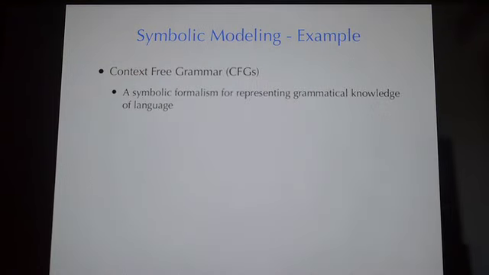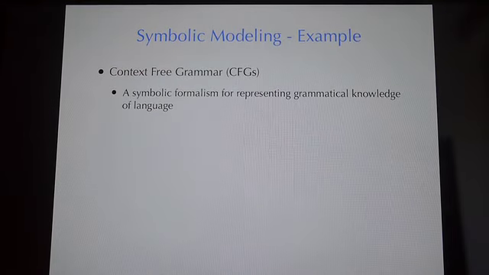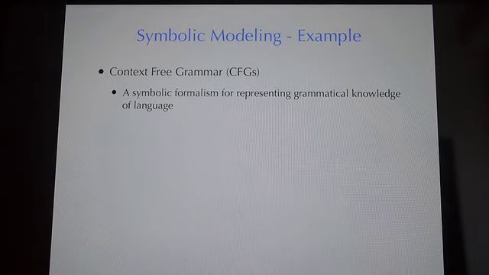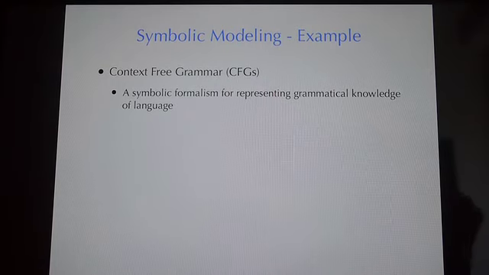I want to give you an example in another domain, in the domain of language. In the domain of language, a symbolic framework has been used very extensively. This is called a context-free grammar, or a CFG. This is a formalism that's symbolic in nature, and it's developed to represent the grammatical knowledge of language.